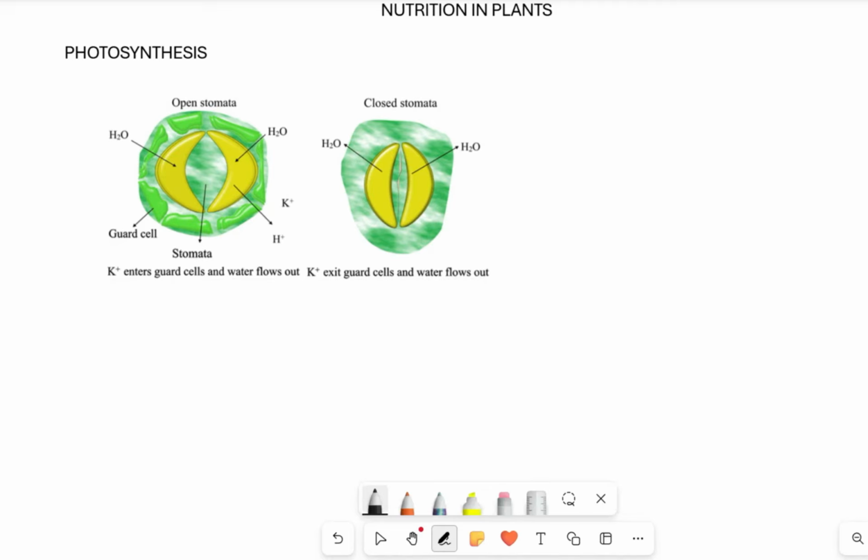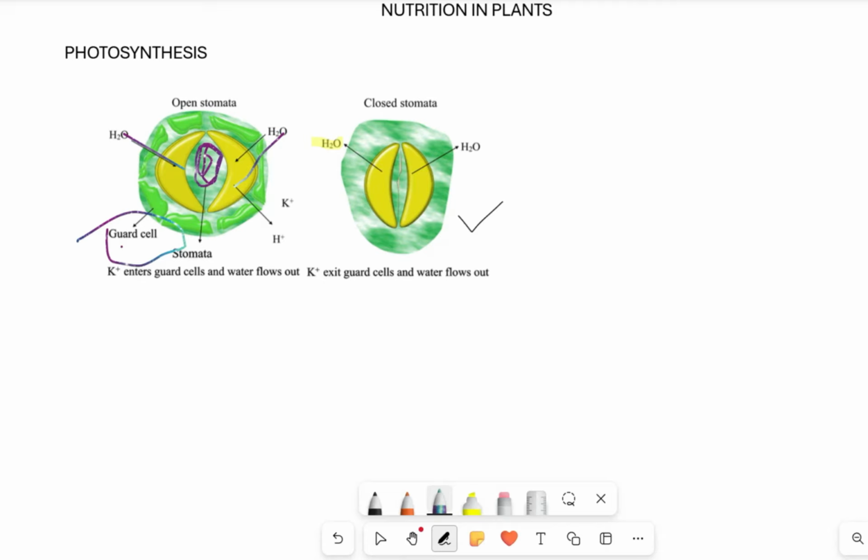If we see here, initially the stomata is closed. Once the stomata is closed, then what is happening? The water is moving outside, right? But now, once the water starts to move in, then what happens? The stomata is opened and there is a gap. Stomata is opened and water starts moving in, and then the guard cells open up and that lies in the stomata.